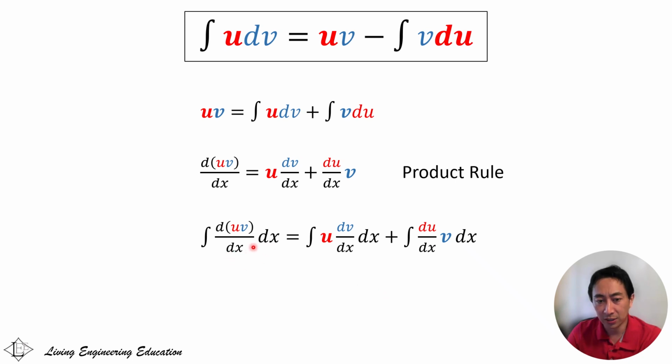Now dx can cancel out, and I can look at this as the integral of d(uv). This can be the integral of u dv. This can be the integral of du times v, right? And the integral of a derivative is just the function itself. So the integral of d(uv) is just going to be uv. And then this simplified to the integral of u dv, and this to v du.